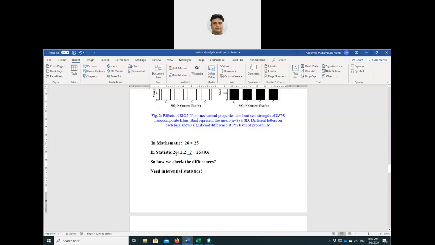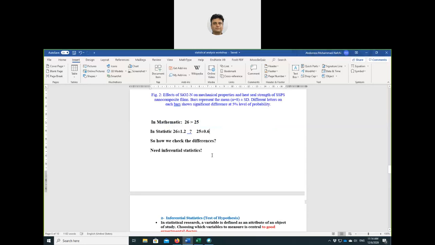In statistics, you need to test whether this range is different from this range or not. If the test is positive, then you can report that they are statistically or significantly different, this range of data from this range of data, or that this range is higher than this range.